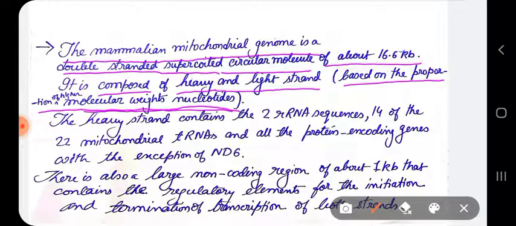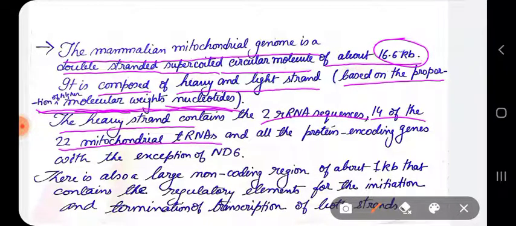So, about the heavy strand and light strand found within the mitochondrial genome of mammals, it is a supercoiled double-stranded circular DNA of 16.6 kilobase pairs. The heavy strand found within the human mitochondrial genome has the genes coding for two rRNA sequences, 14 of the 22 mitochondrial tRNA, and all the protein-encoding genes with the exception of ND6.